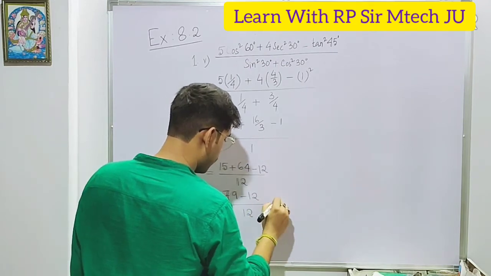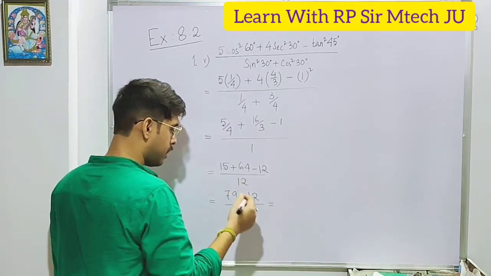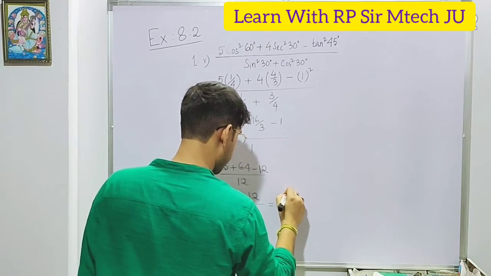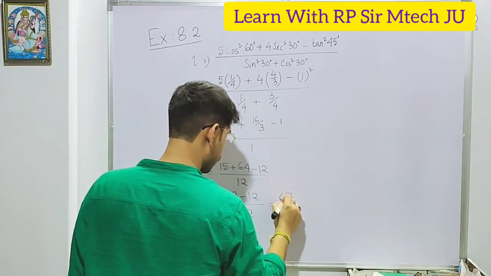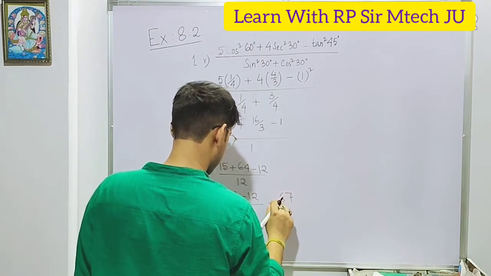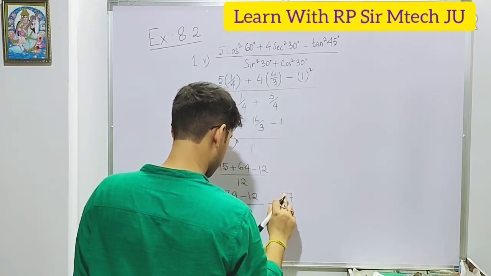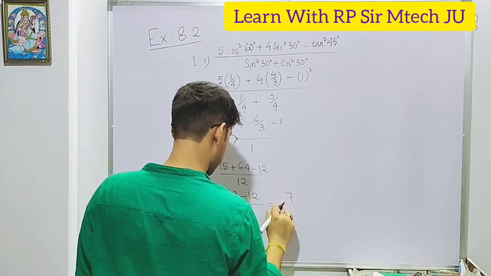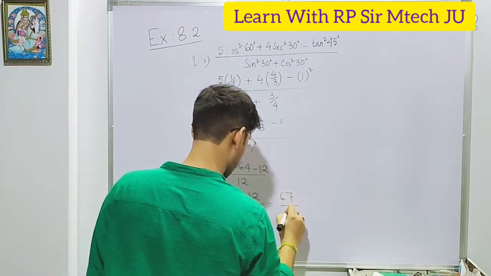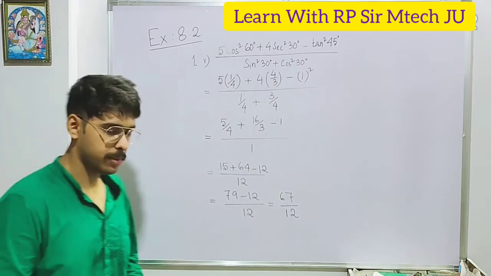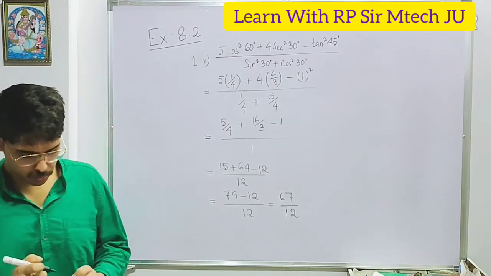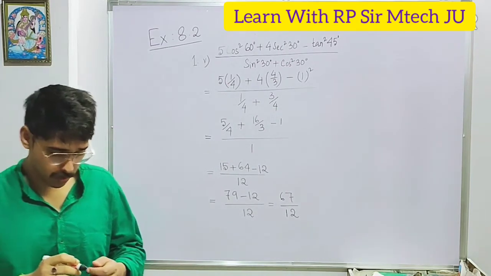So what would be 79 minus 12? So 2, that would be 7, and this will be 6. Yeah, 6, correct. So 67 by 12. So that is the answer to the fifth part of the first question.